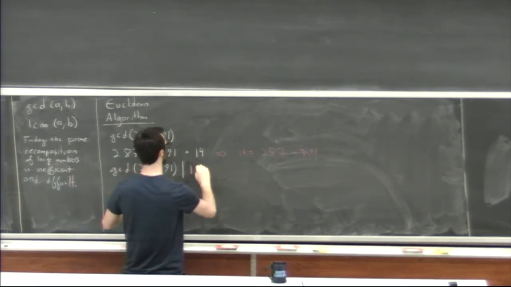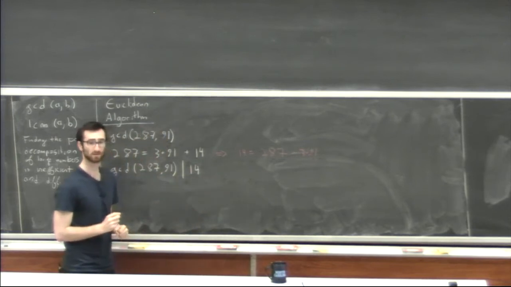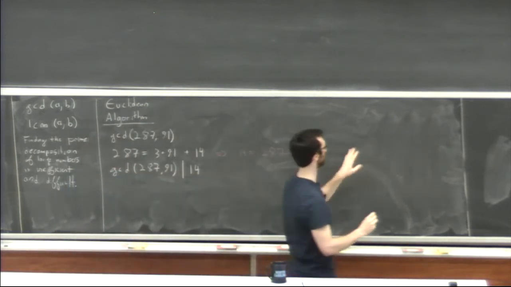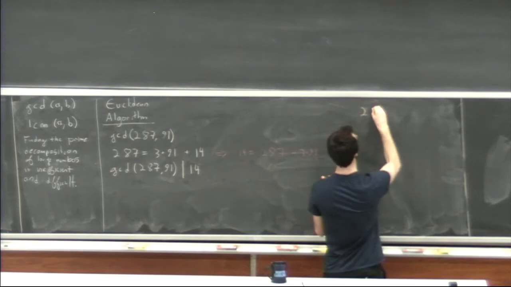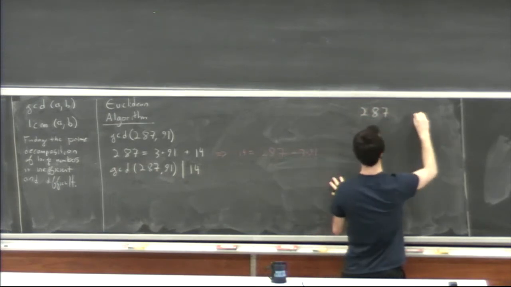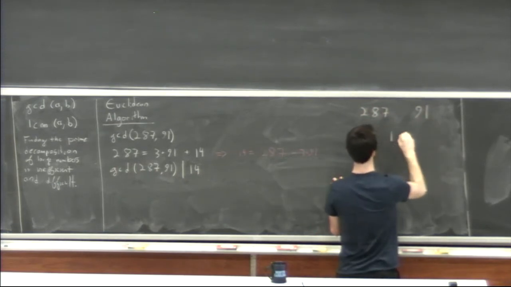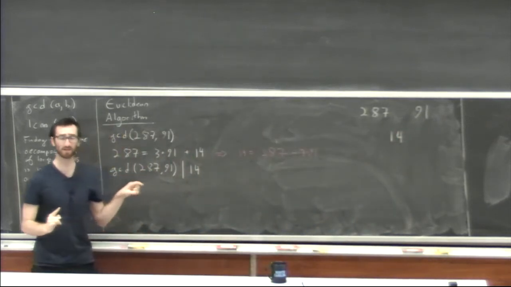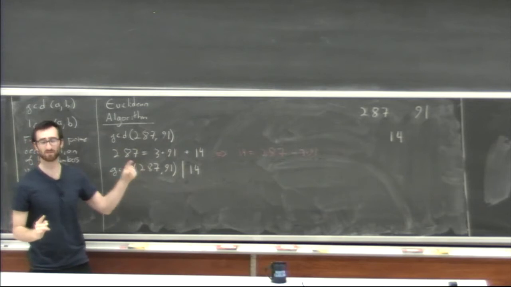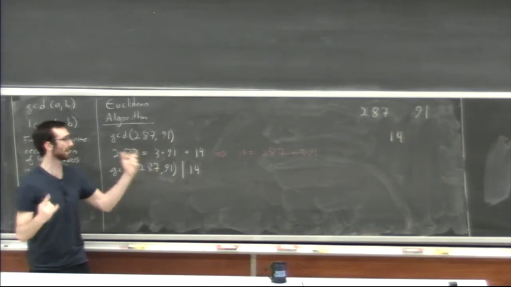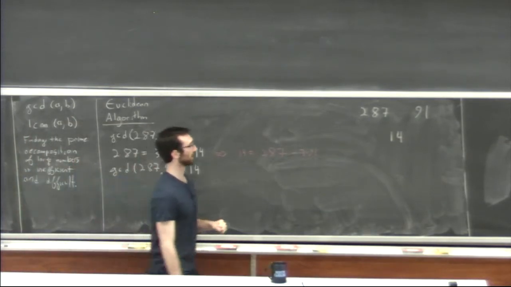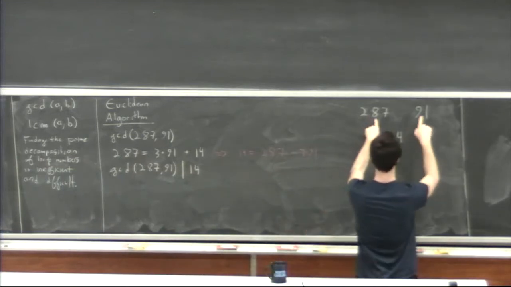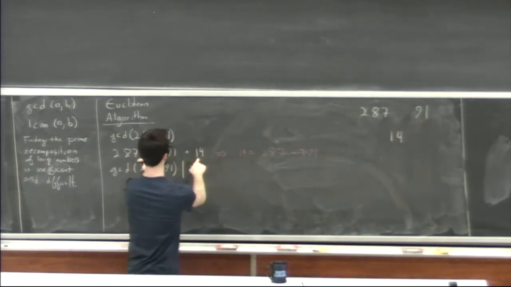So what I'm going to put up here is this triangle: 287, 91 and 14. What this division algorithm is expressing is that if any number divides two of these, it has to divide the third. Any number that divides 287 and 91 has to divide 14.